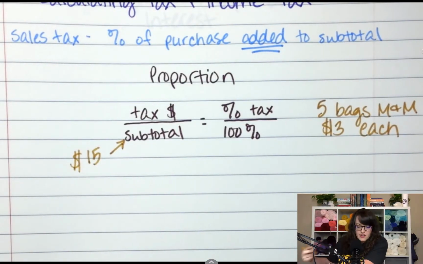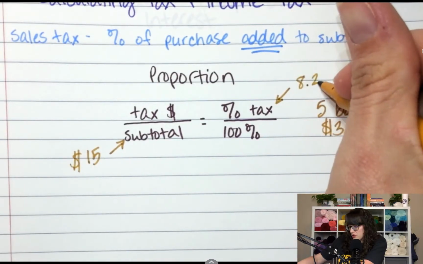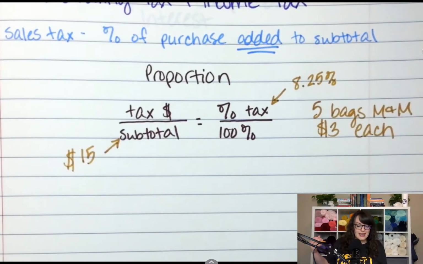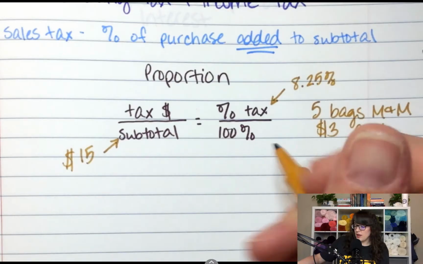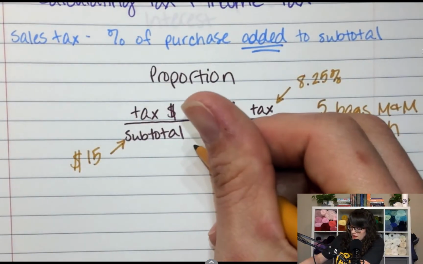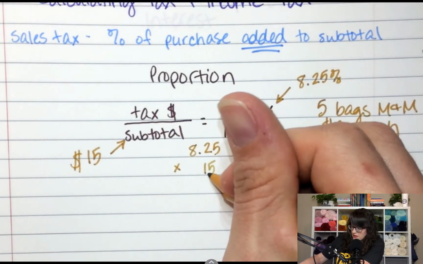In Fort Worth, sales tax is about 8.25%. So that would be 8.25%. And we have to figure out the tax for that. So we're going to do 8.25 times 15.